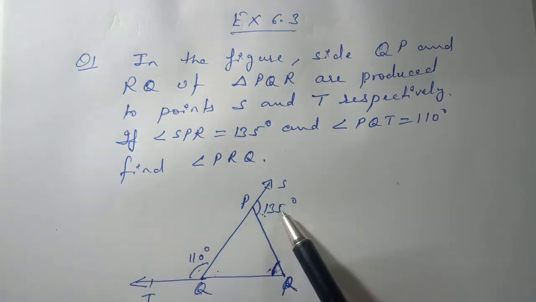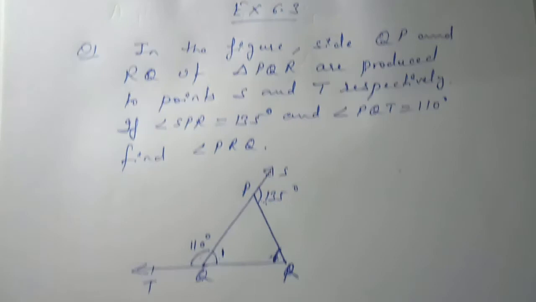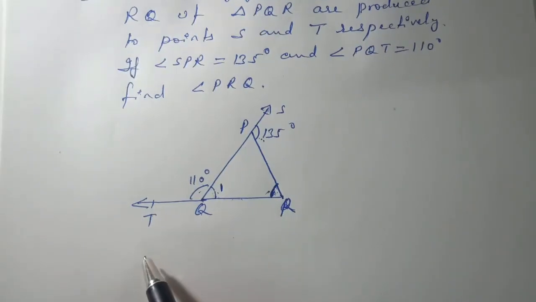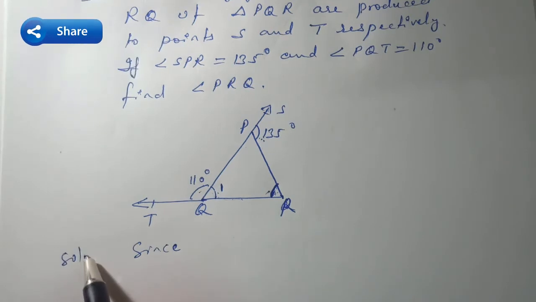If we use 135 degrees as the exterior angle, then we get angle Q and angle R as the opposite interior angles. Now angle Q we can easily find because it is attached to this exterior angle, and both of them lie on a straight line, so they form a linear pair. Let us mark it as angle number 1. Let us do the solution.